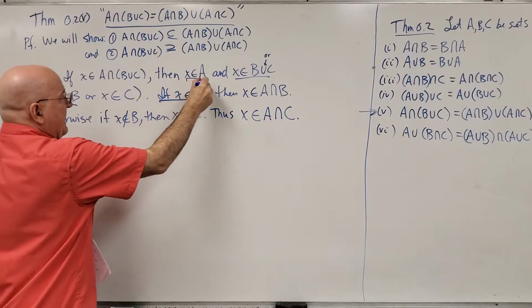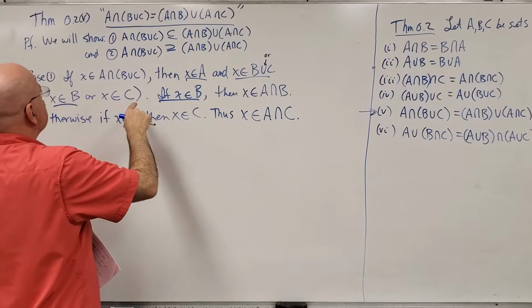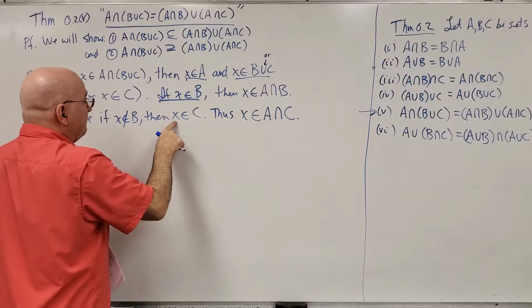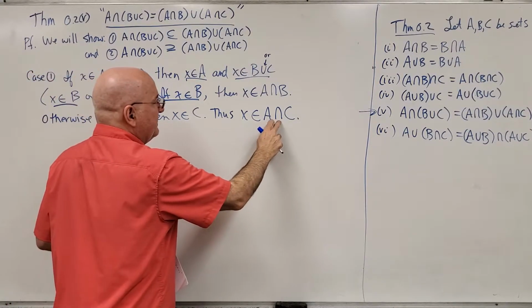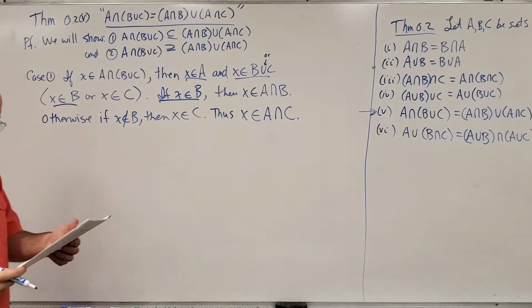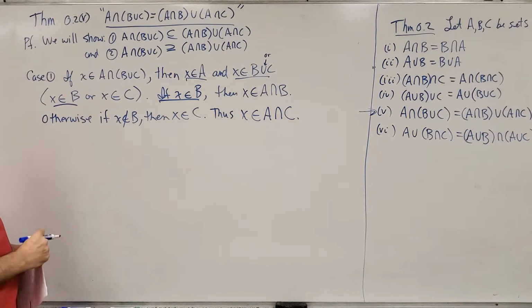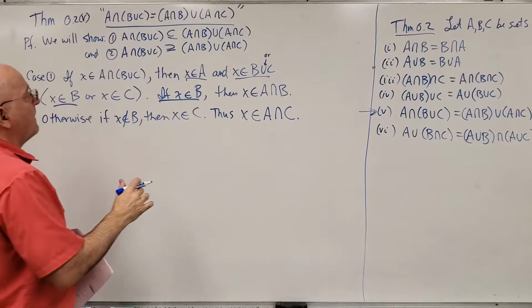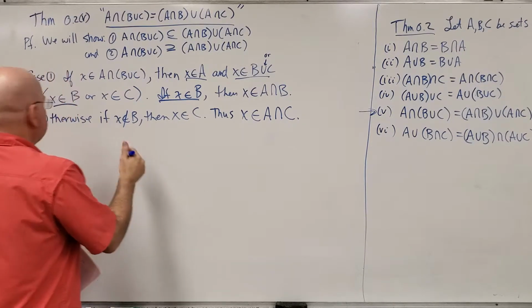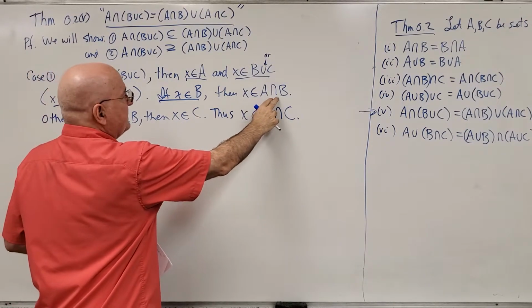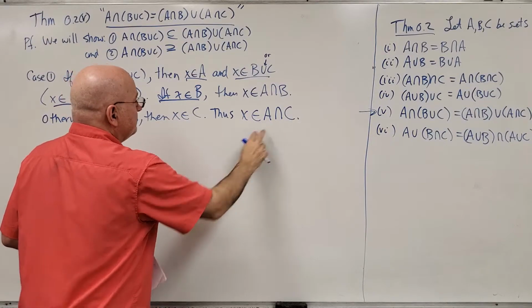We know it's in A, and now if it's in C, we know it's in A intersect C. So I'm going to put down then in either case, it's satisfied. We see that either X is in this or X is in that.